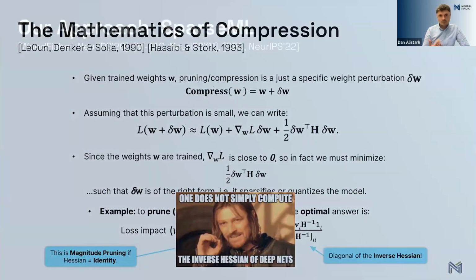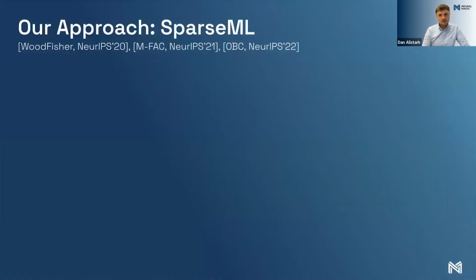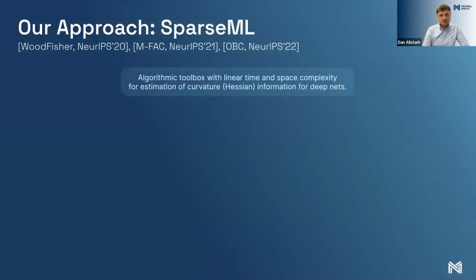So instead, our approach, which we have implemented in Neural Magic SparseML and has been developed over a series of papers which appeared in consecutive years at NeurIPS, is an algorithmic toolbox for approximating the curvature information encapsulated in the Hessian matrix for deep nets.